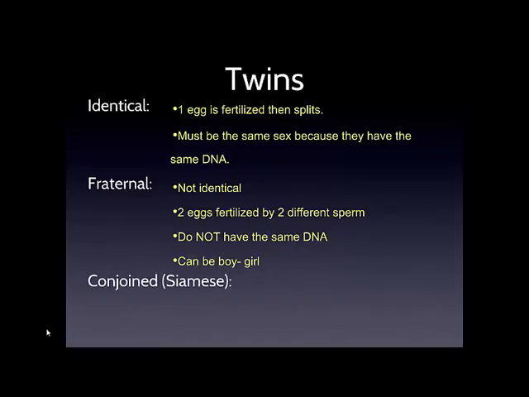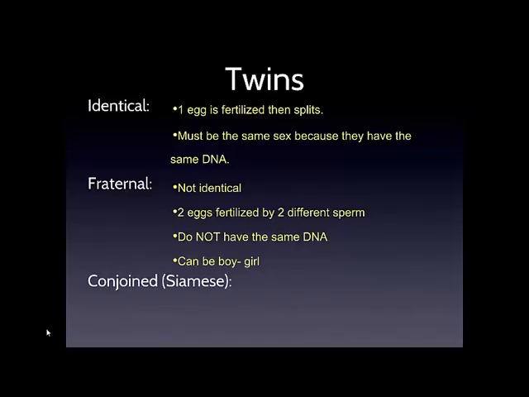Well, then there's this other situation of conjoined twins. You may have heard them referred to as Siamese twins. Conjoined twins are when identical twins start to form. One egg is fertilized by one sperm cell. The embryo splits and starts to form identical twins, but the two cells stay touching.